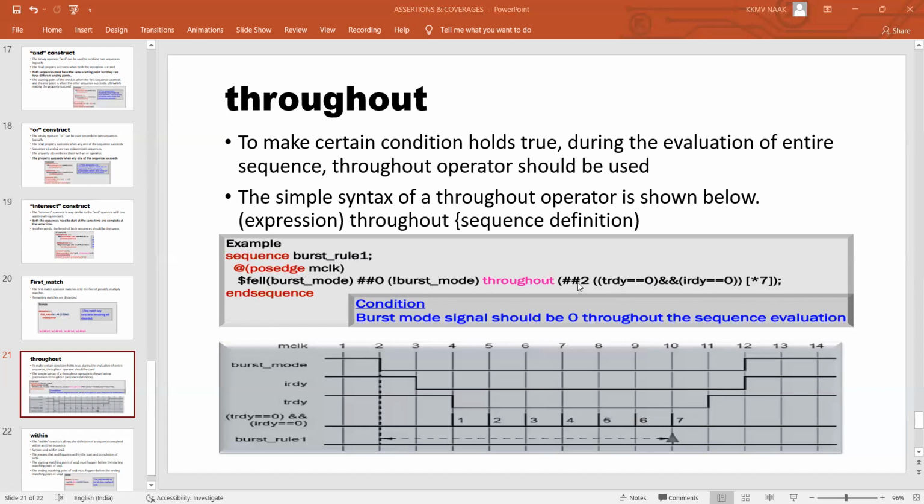During the evaluation of your expression, your burst_mode signal should be low. That's what throughout means. Clear?